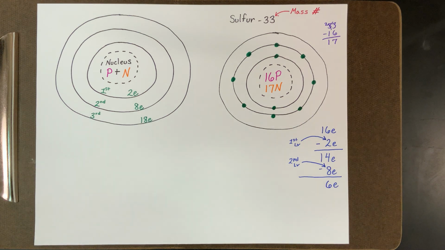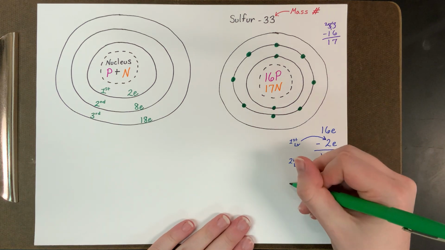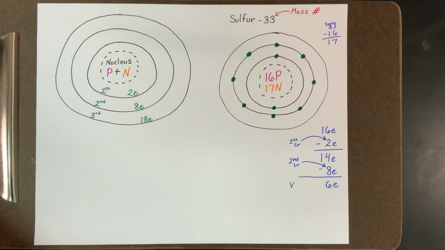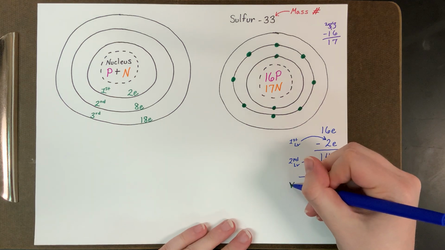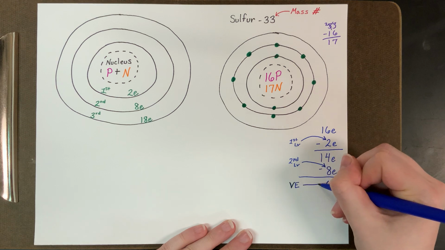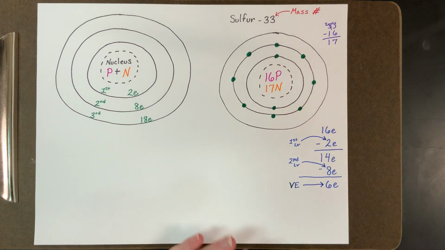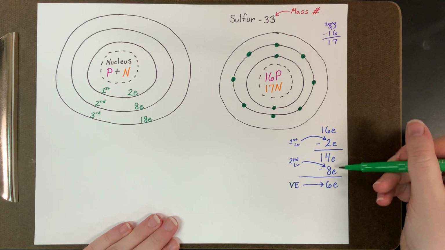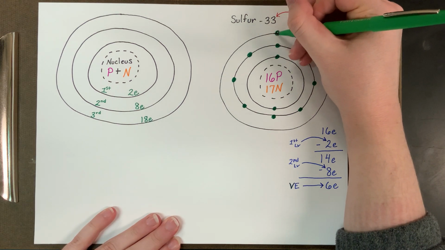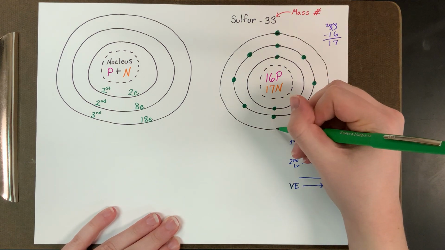And so if you notice, we are left with 6 electrons, which coincidentally, I am using the wrong color. There we go, are our valence electrons. Because sulfur is in group 16, it has 6 valence electrons. And so these numbers are always going to work out very nicely. So I'm going to put my 6 valence electrons.